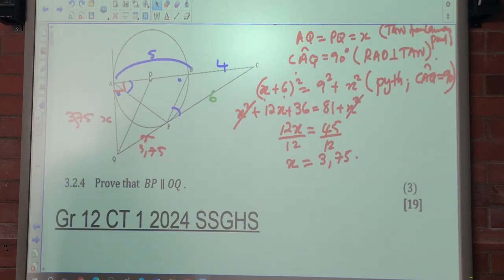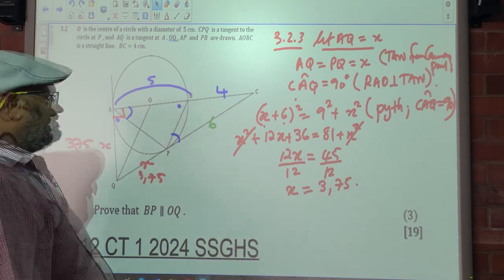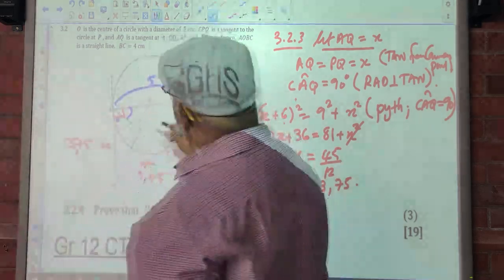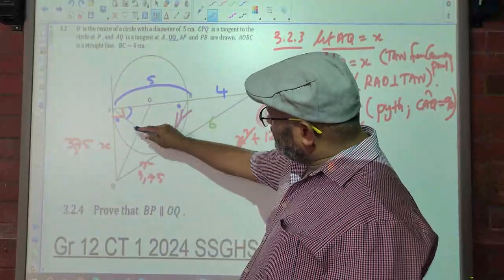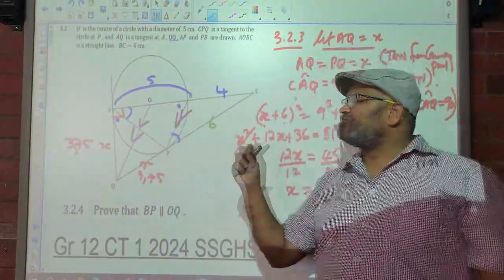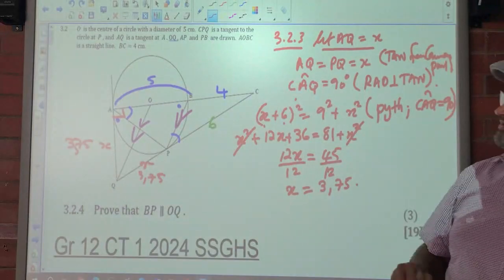Then they ask you to prove that BP is parallel to OQ. People, if those lines were parallel, then what could we have concluded?